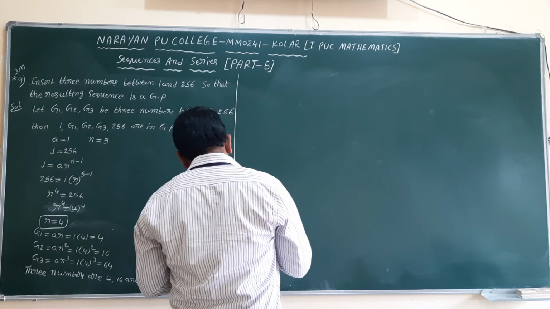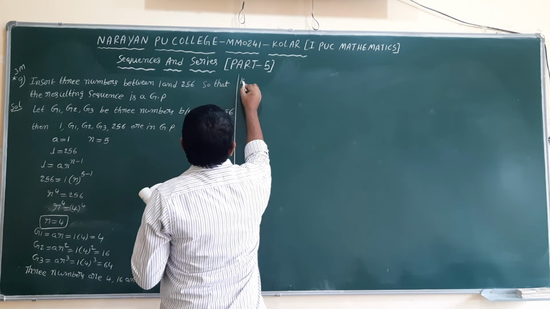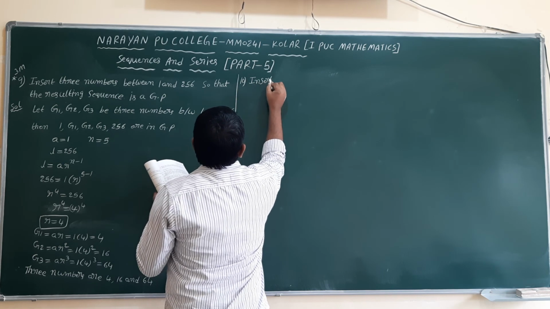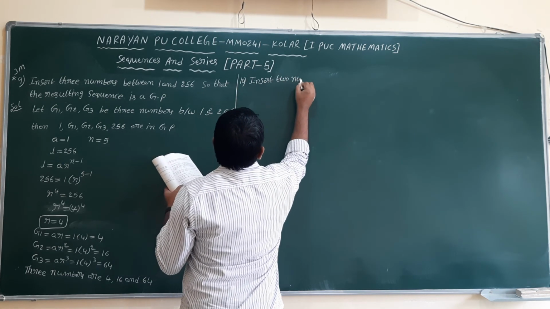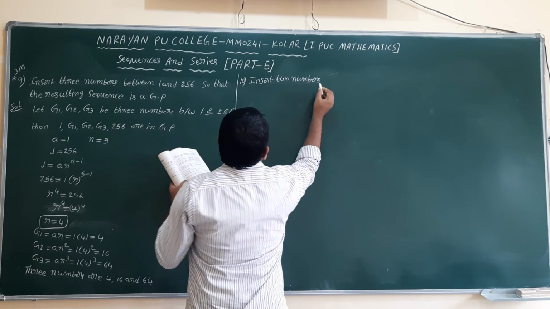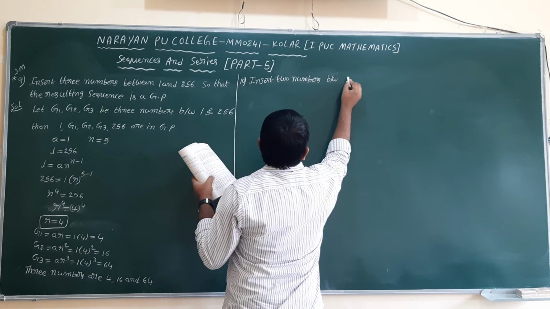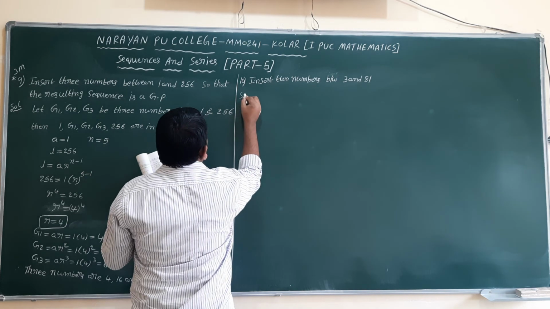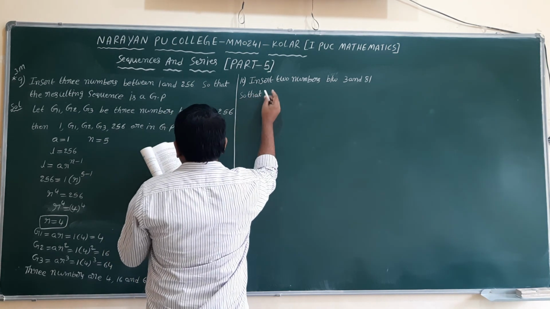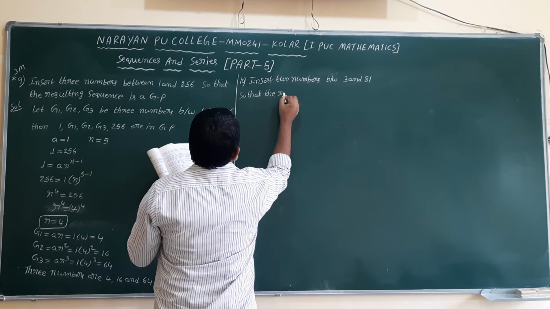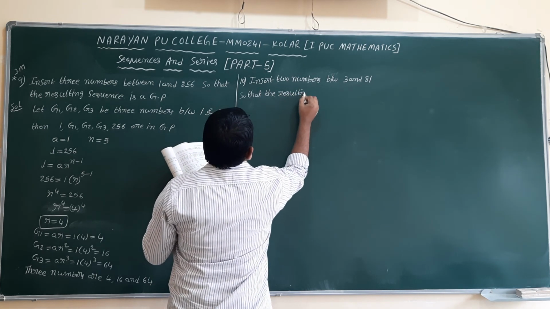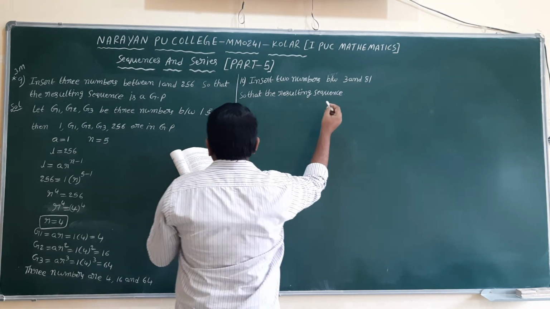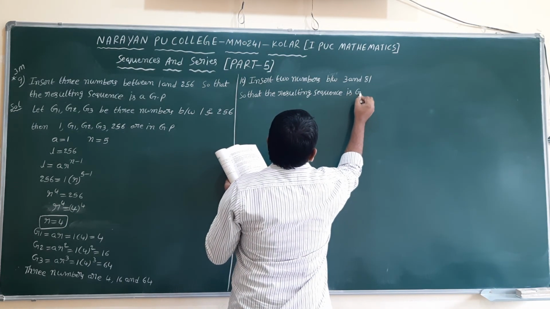So same model: insert two numbers between 3 and 81 so that the resulting sequence is in GP.